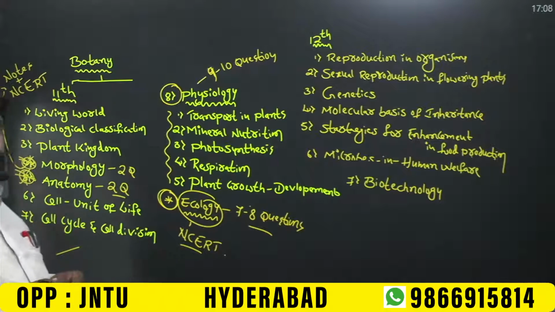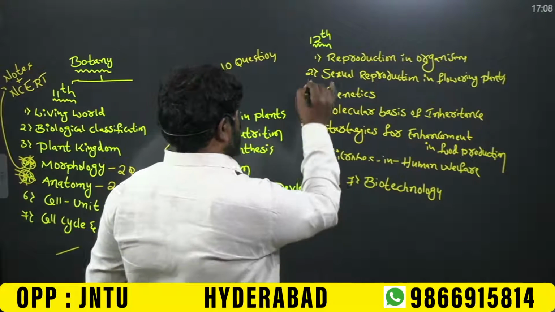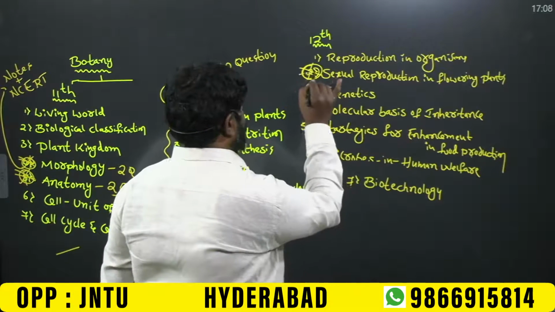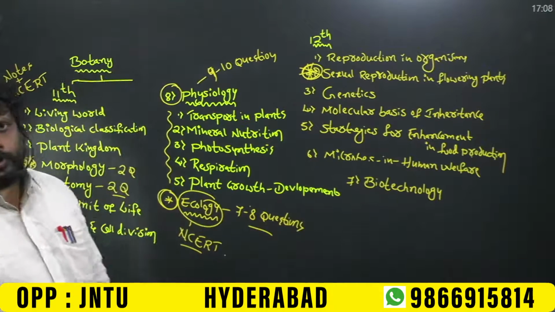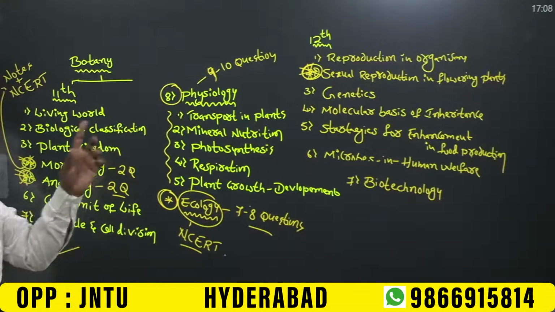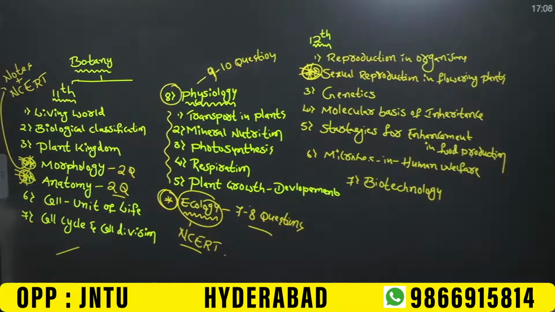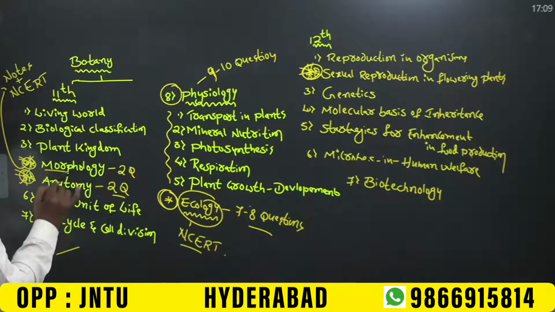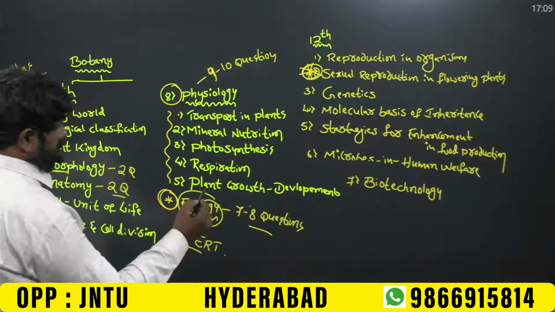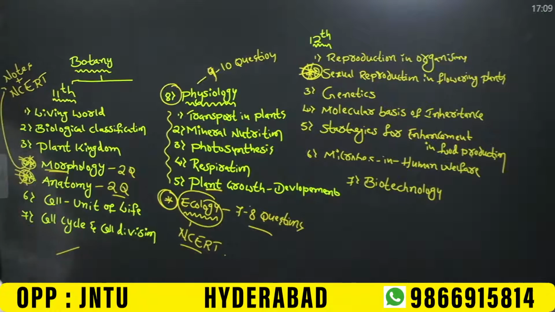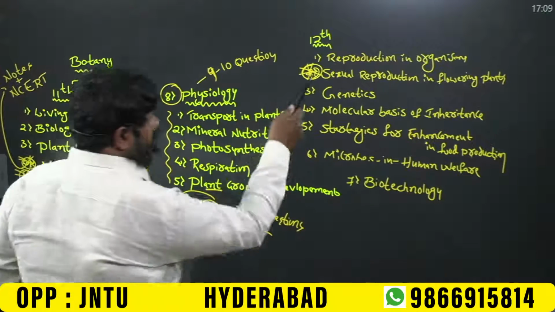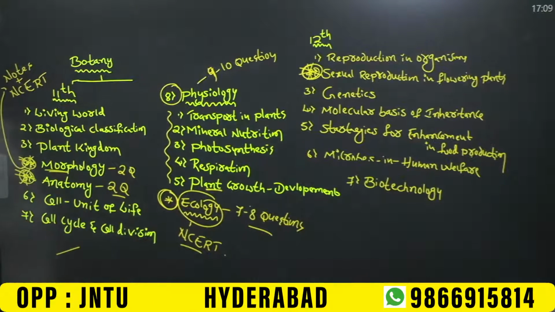And come to 12th standard, the most important lesson, sexual reproduction of flowering plants. This lesson is connected with many lessons: with morphology, and with plant growth and development, and other topics also. So sexual reproduction of flowering plants is one of the important lessons in 12th standard.